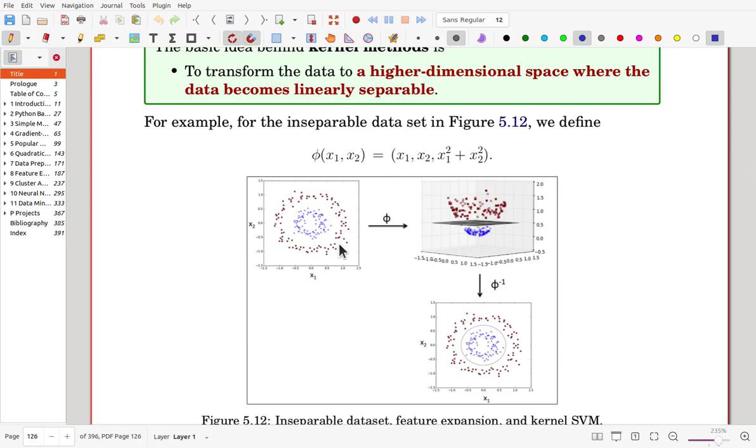This data has two classes, and there is no line which can separate the data. So the data is inseparable.